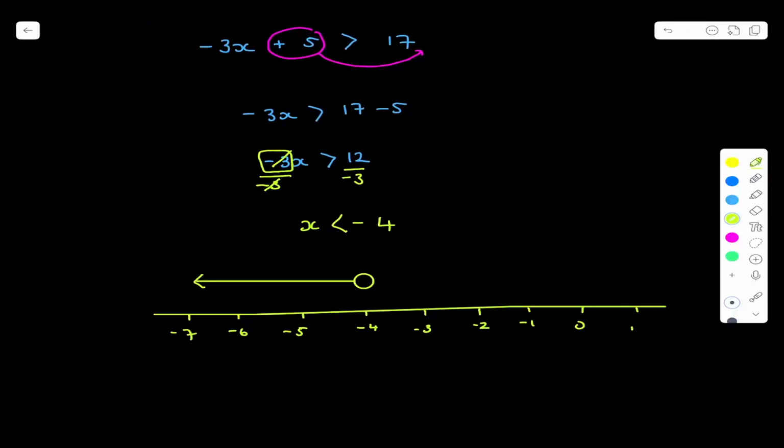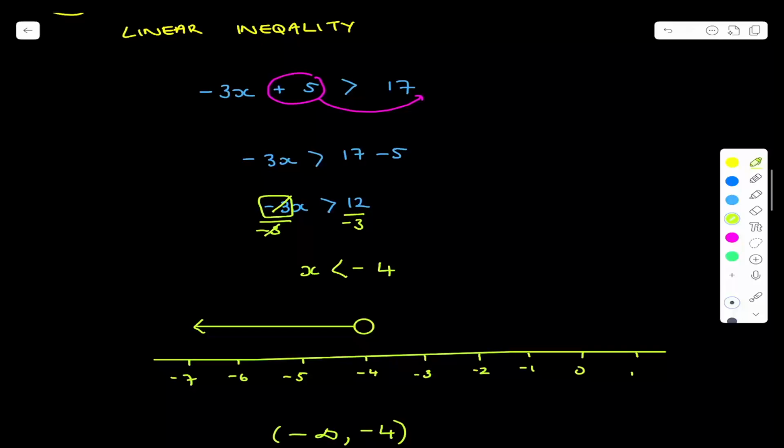In interval notation, you could write it goes from -infinity, because that's where it will eventually get to, and then the upper value is -4. Because it doesn't include the -4, we use curved brackets. So that's how we write it in interval notation. So that was nice and easy.